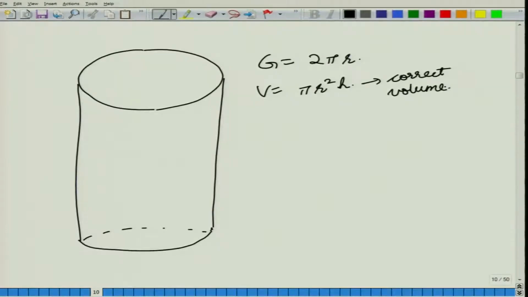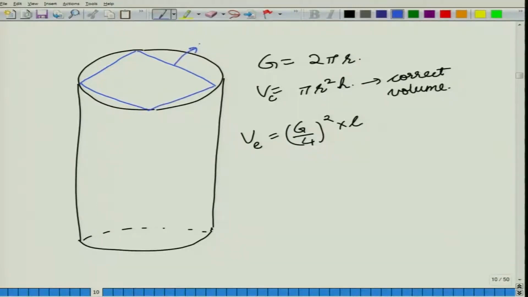Now, we are taking an estimate of this volume. This is the correct volume, and the estimated volume is (G/4) squared into L. What essentially we are doing is, if we have a girth, then we are considering a squarish section of this log of edge A equal to G by 4.